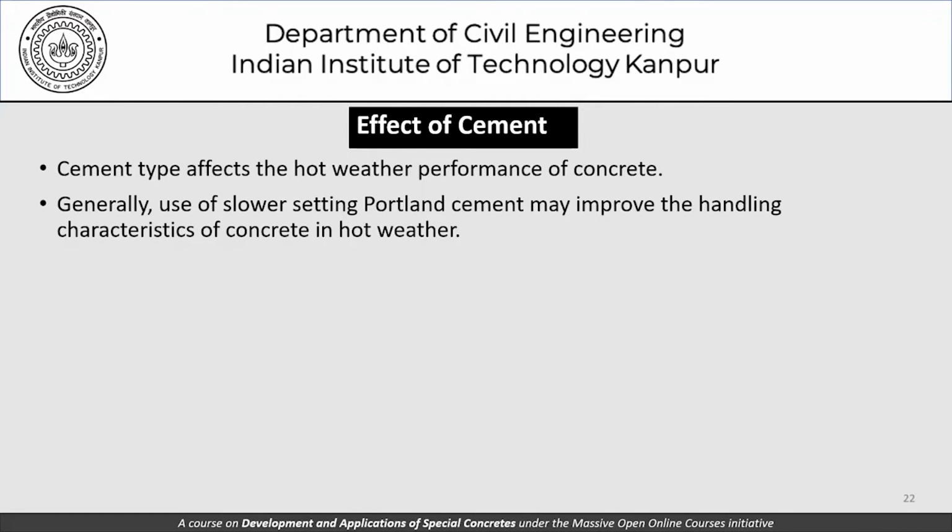And that's exactly what is expected, because what is good in cold weather will not be good in hot weather and vice versa. In cold weather we said we should use cement which is quick setting, which hardens early. Here we are talking of slower setting Portland cement, which will improve the handling characteristics of concrete in hot weather.